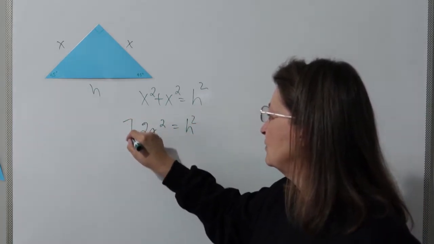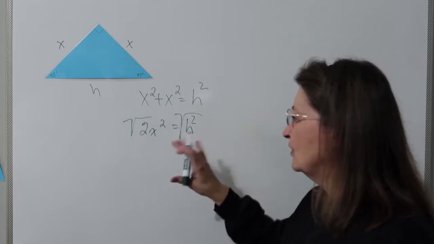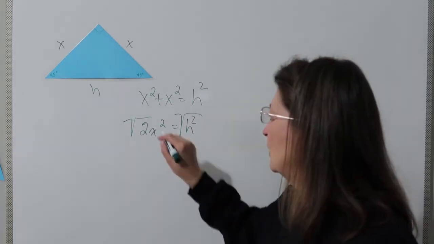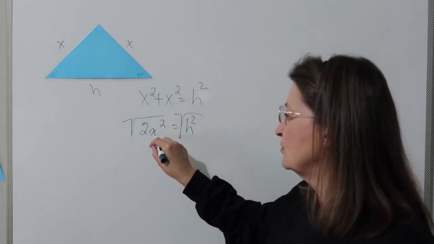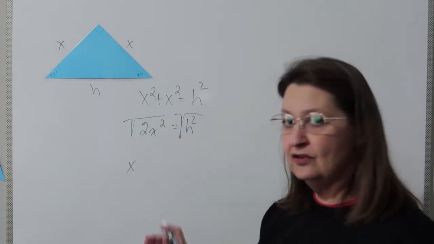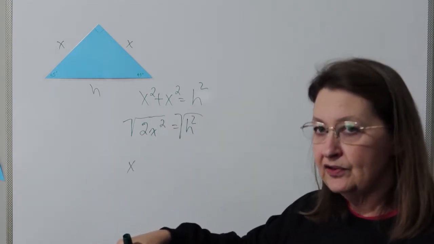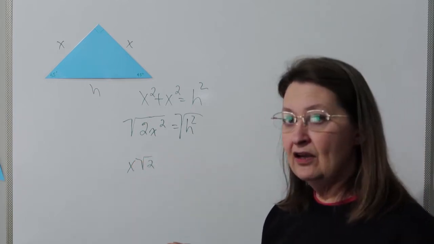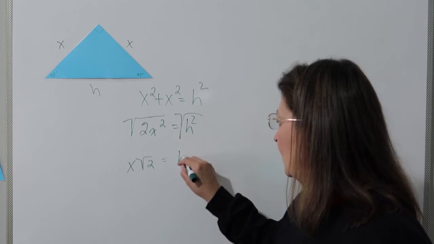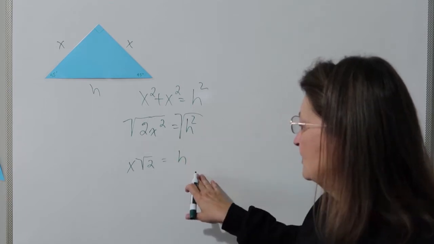Now if we take the square root of each side, solving a quadratic equation using your square root method, what's the square root of x squared? It's just x, so we can pull it out from under the radical sign. However, the 2 is going to have to stay under there, and the square root of h squared is h.